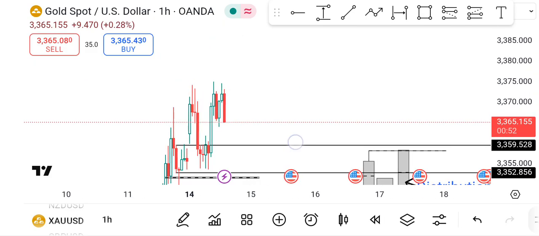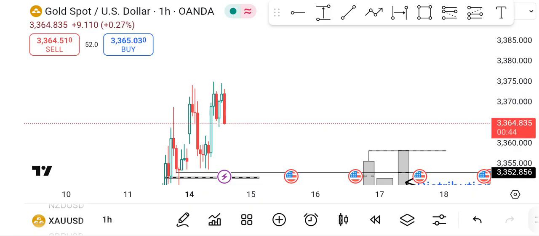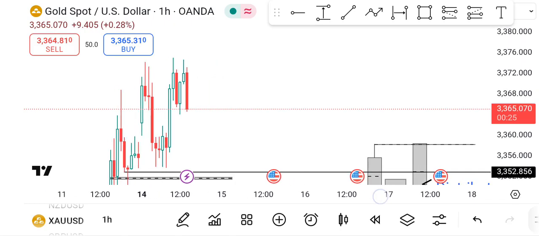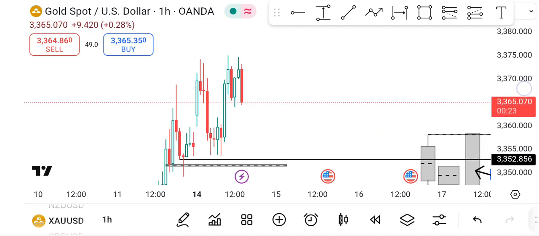The reason is that at some point the market fails to target the CRT high and it reverses immediately. It reached the CRT 50% of the accumulation candle.